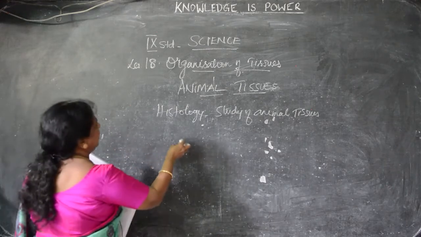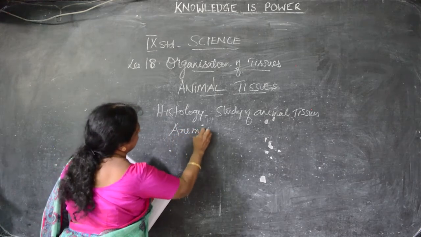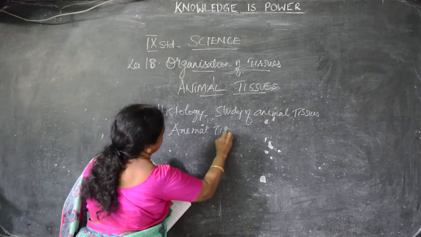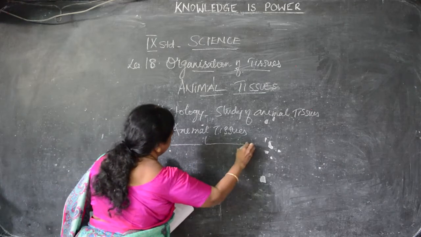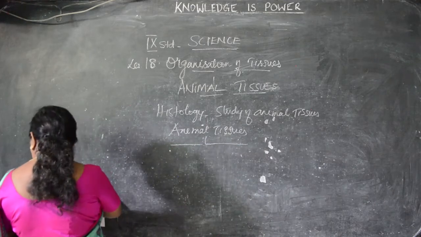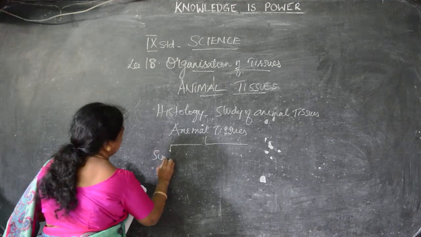Here also, we can divide animal tissue into 2 kinds. They are simple tissue and compound tissue.